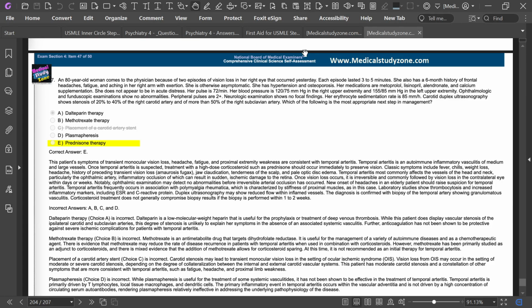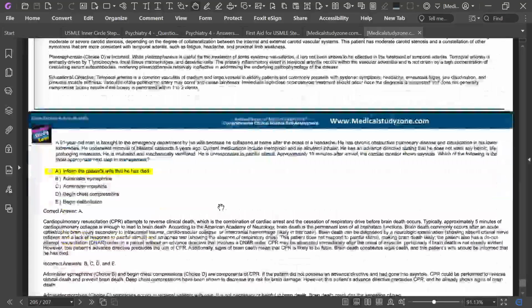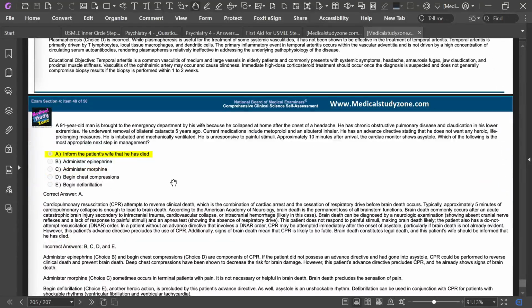So the answer is to inform the patient's wife that he has died. Cardiopulmonary resuscitation attempts to reverse clinical death, which is the combination of cardiac arrest and cessation of respiratory drive before brain death occurs.